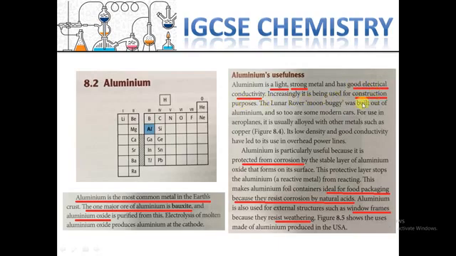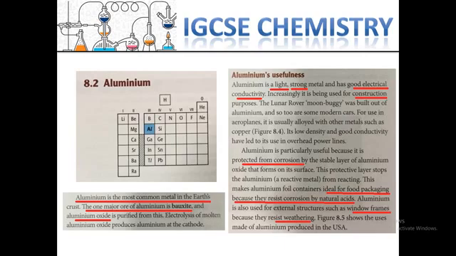So it can also be used for construction, especially for window frames, because aluminium has the property that it can resist corrosion. Corrosion can happen through the water vapor available in air, or oxygen, reacting with oxygen or water, actually water in the form of gas, which is vapor.